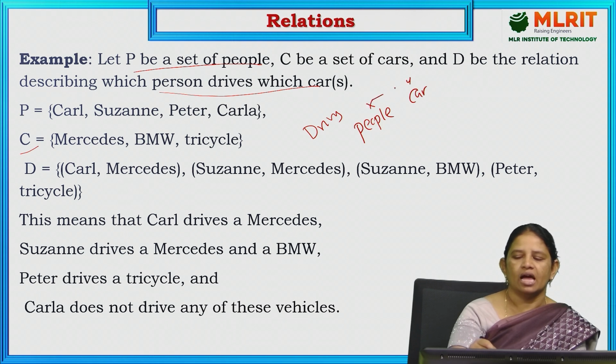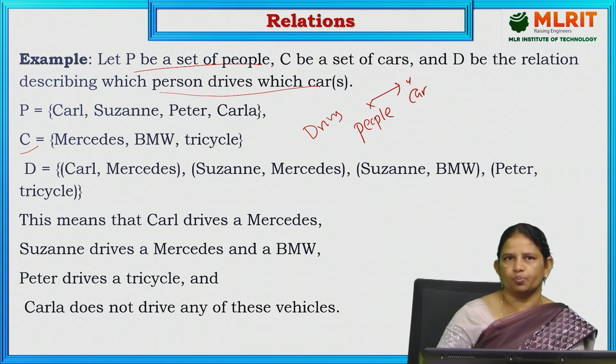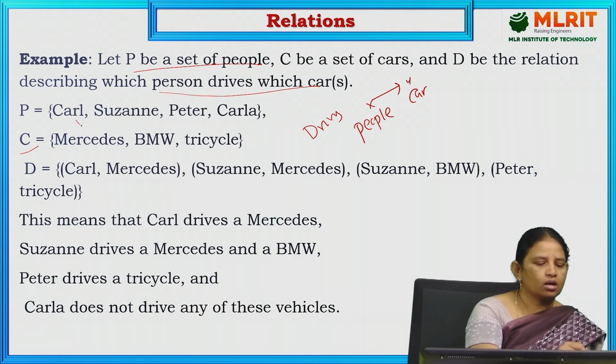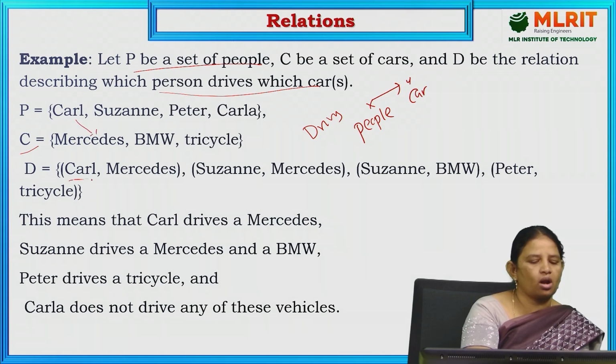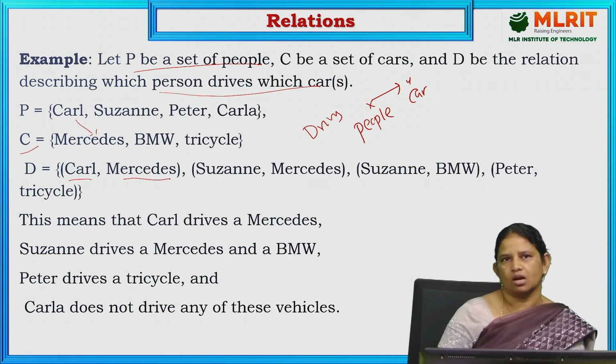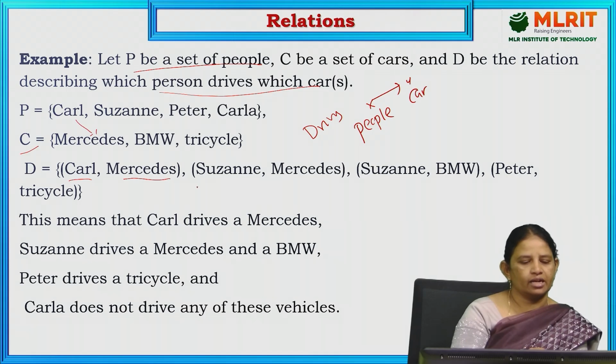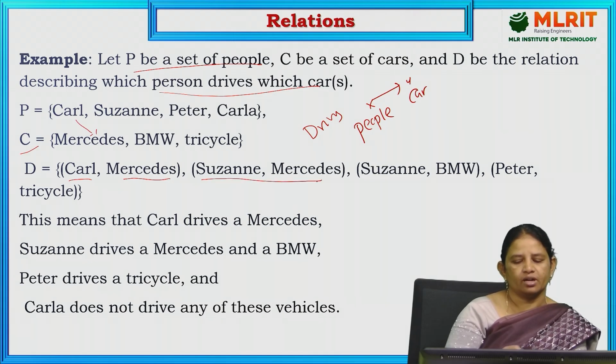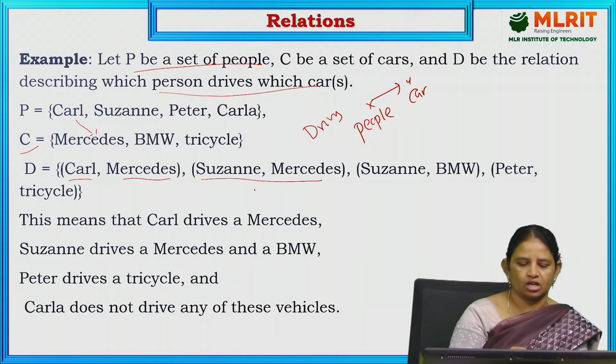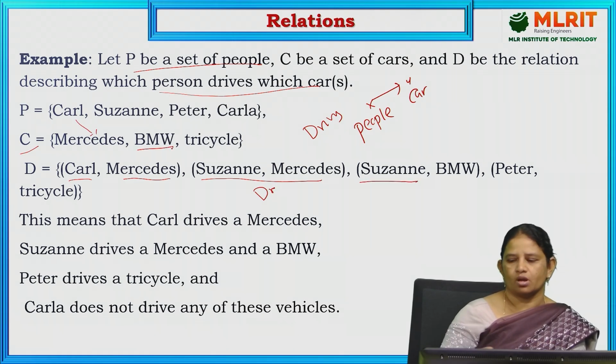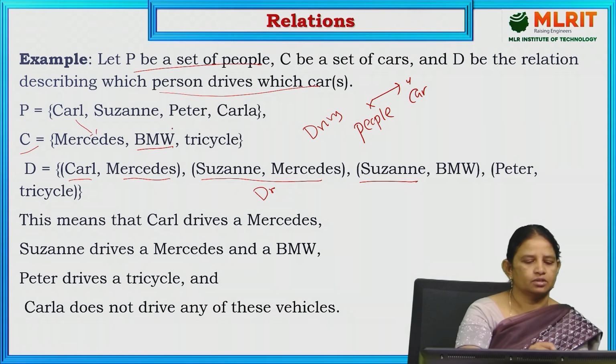For example, Carl drives Mercedes. Then Susanne drives Mercedes. What is the relation? Driving. Then Susanne drives BMW. Then Peter drives tricycle.